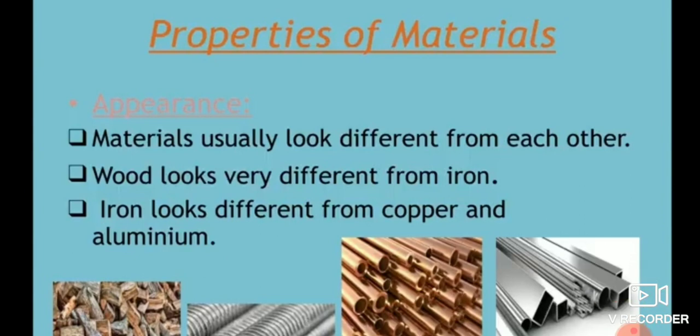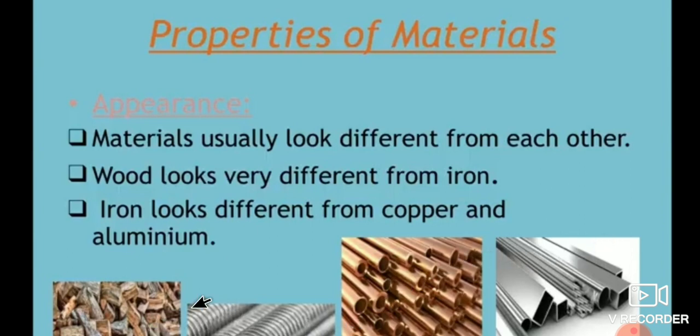The first one is appearance. Appearance means materials usually look different from each other. For example, look at this picture. Wood, iron, copper and aluminium pipes are there.